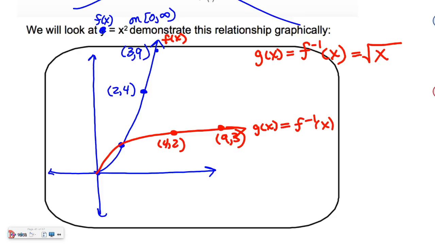So far, so good. Your task is going to be to find the derivative on the inverse function at a specific point. Let's pick this one, so underline that. I'll write it with notation. It will say find G prime of 9.